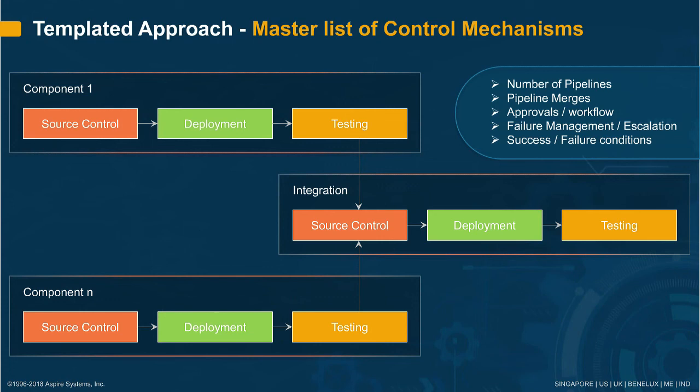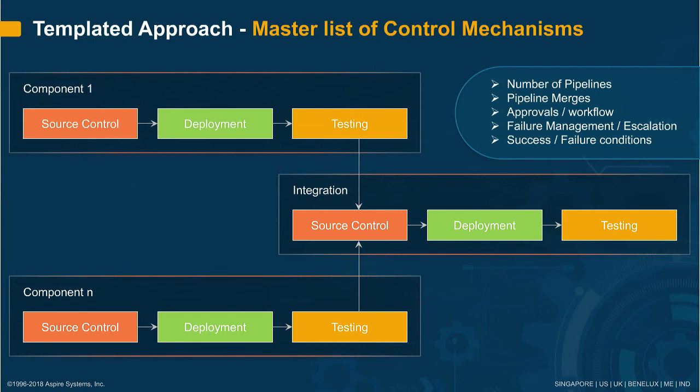The third aspect is approvals and workflow. You have to be sure that things move to the next stage only on success criteria, only on approvals, only if someone says so. It can be a manual approval or a condition-based approval, which can again be controlled by a workflow. You can define these rules somewhere in your system, controlled by whatever control software that you use.